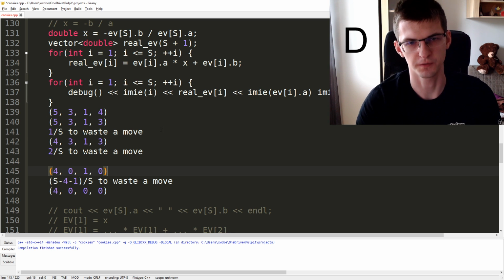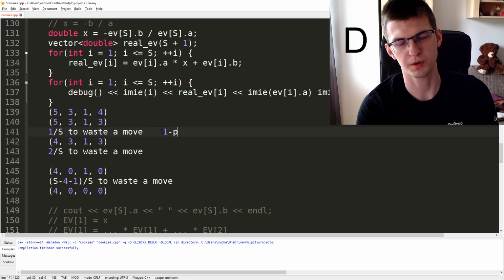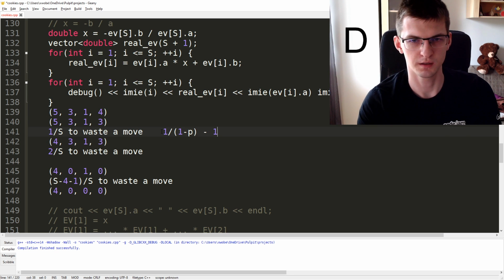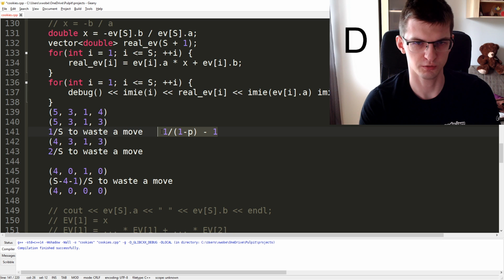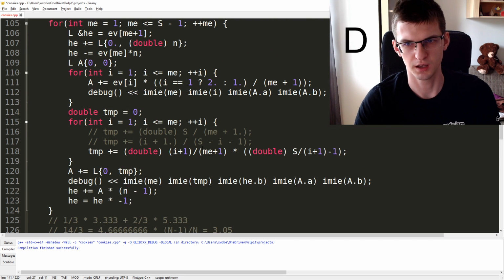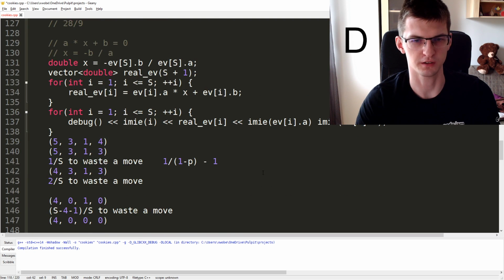And again, if P is probability of wasting a move, then 1 minus P is probability of success, 1 over 1 minus P is expected time to wait for success, minus 1 is wasted moves. I already used this formula, it is here, line 118, yellow thing on one of the drawings.